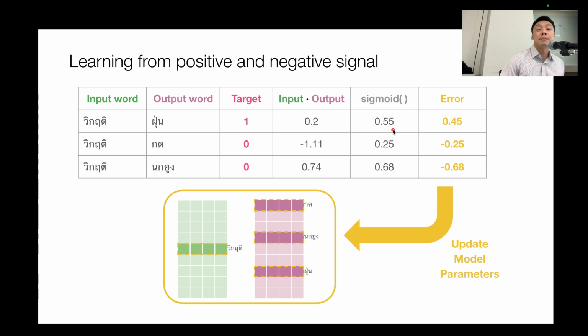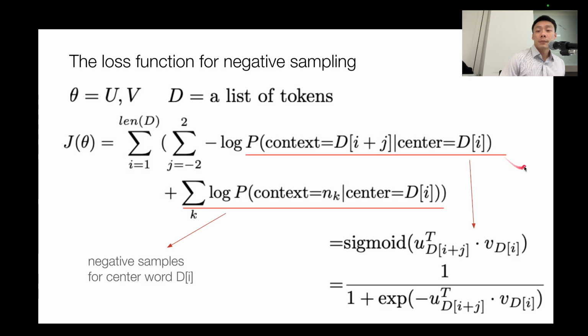This is the sigmoid function, and we don't have to sum over much anymore. We only sum over this part, which is the negative samples. We can make this smaller so that we can go faster, so we end up saving a lot of computation.